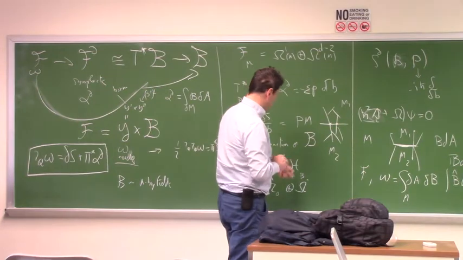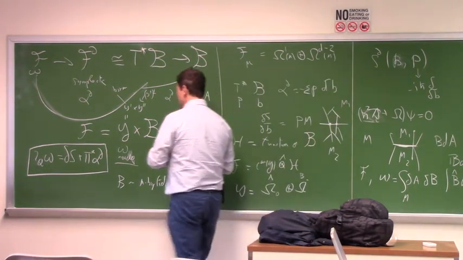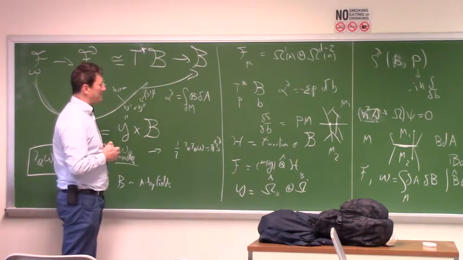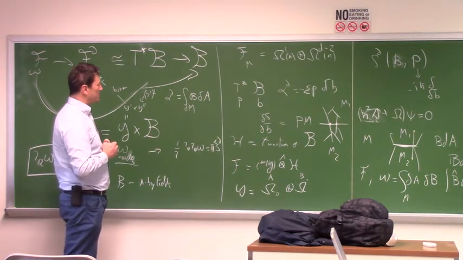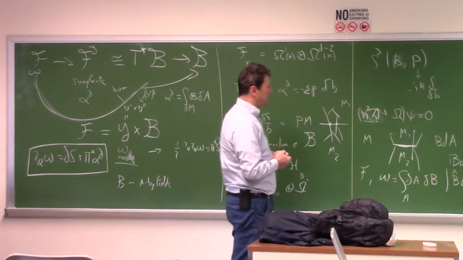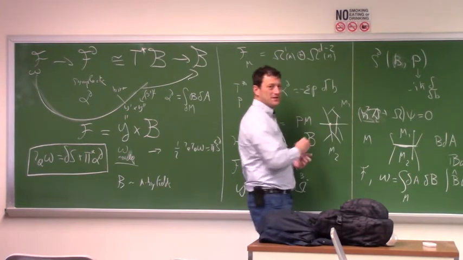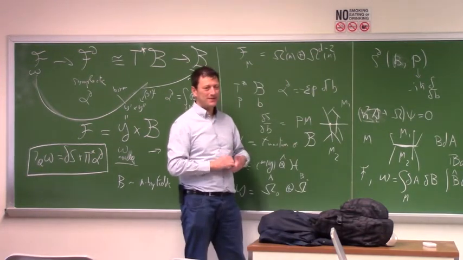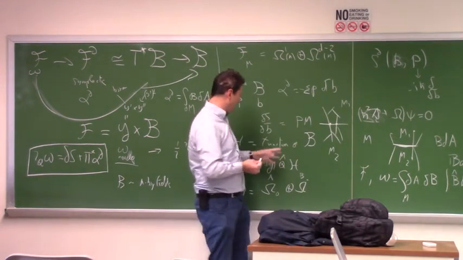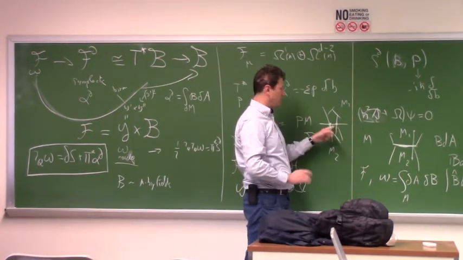Let's see. Okay, for this kind of theories, in the first approximation, since it is a perturbation of the theory, you have these boundary vertices. So basically, what you should think is that the functions of B you consider are multilinear functionals of the boundary fields.